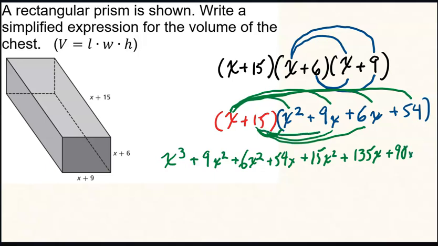Then 15 times 54 is some absurd number, or 810.